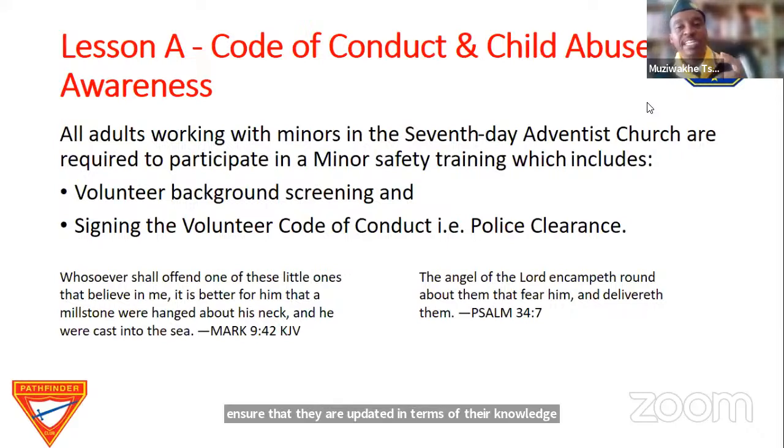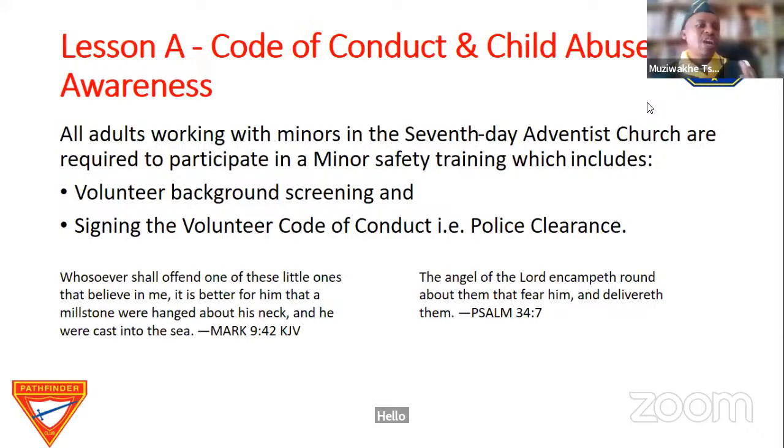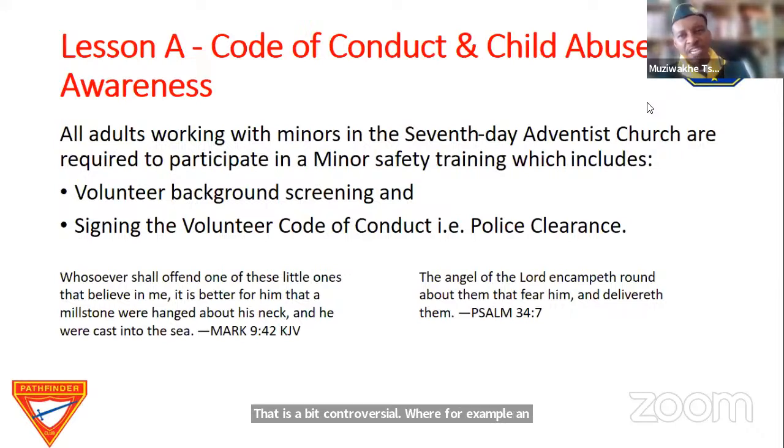What I want to be clear on is that for offenses, let me take one that is a bit controversial, where an offense is of a sexual nature, we need to report this to the church board. Yes, it's fine, and the church can follow its disciplinary processes. However, we do not stop there.